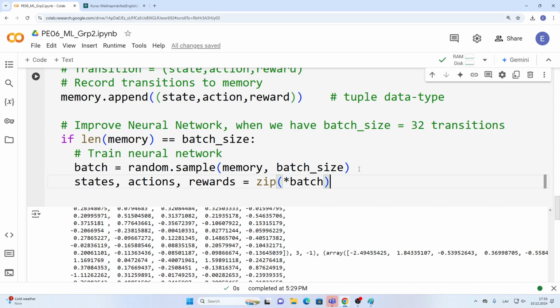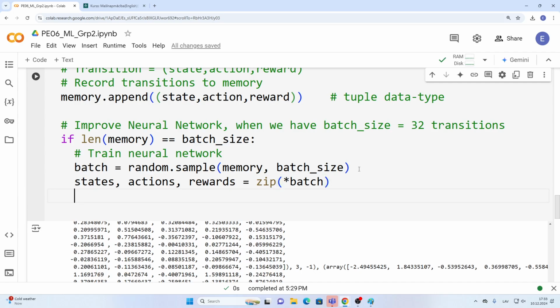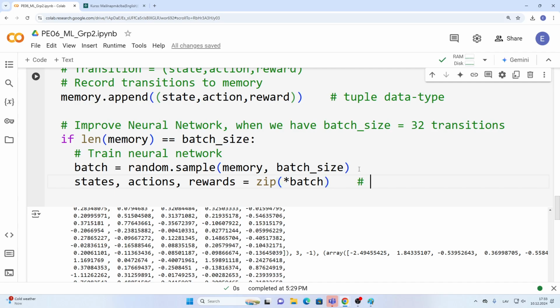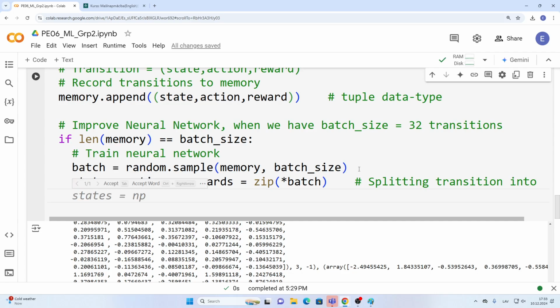Now this produces the same data type as before. It doesn't change the data type, so these are still tuples. But for training our neural network, we need a NumPy array. So we are going to convert. This is actually splitting transitions into separate columns.